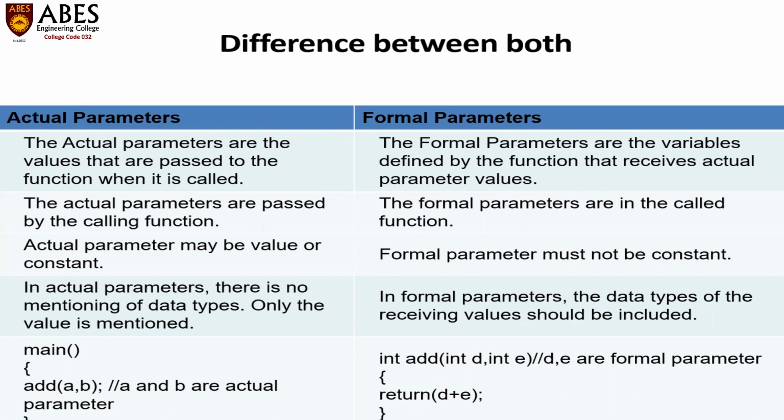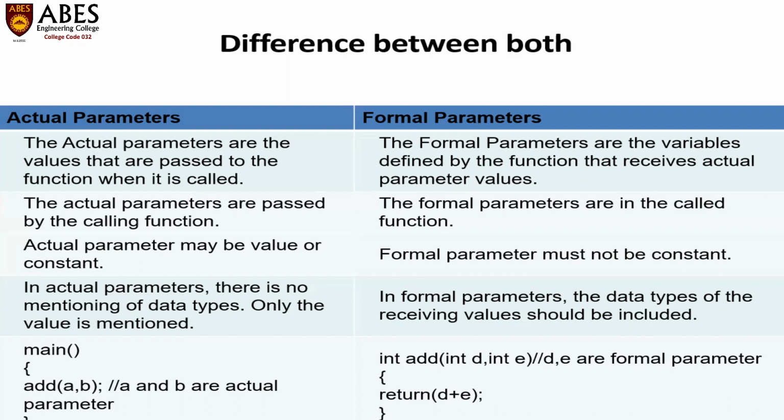And what happens when the function is called? Control goes to the function definition, and the actual parameters are copied into the formal parameters. So these formal parameters take the value and do the calculation. Whatever value is received through the actual parameters will be calculated under the function definition.